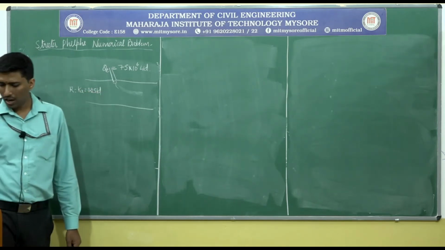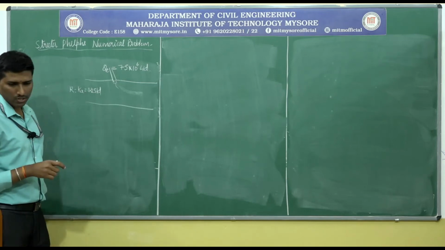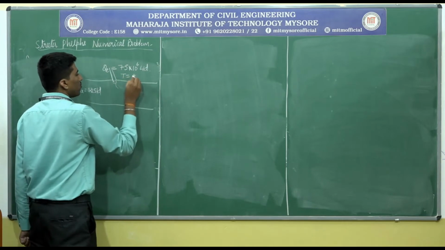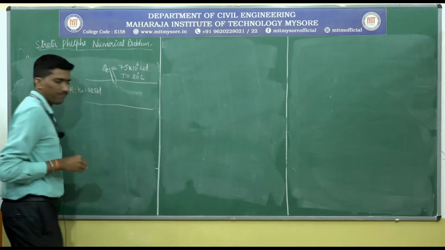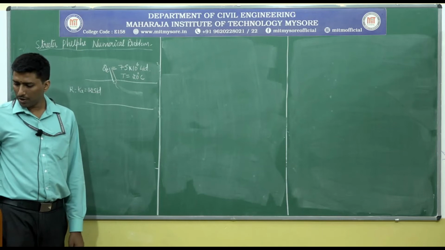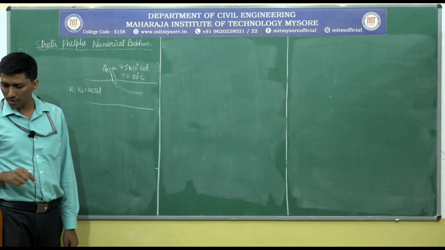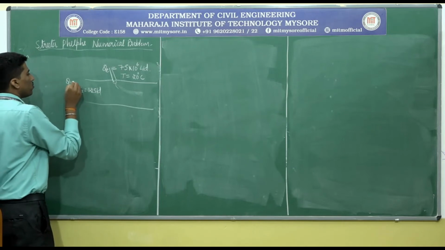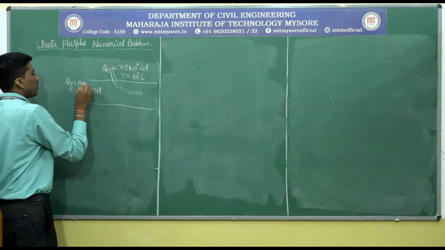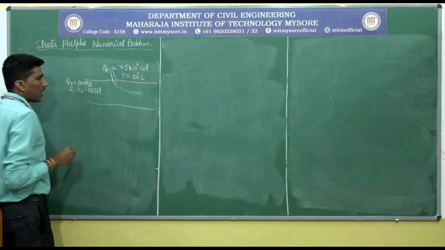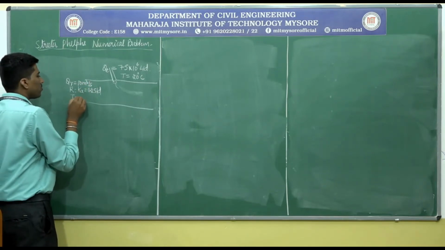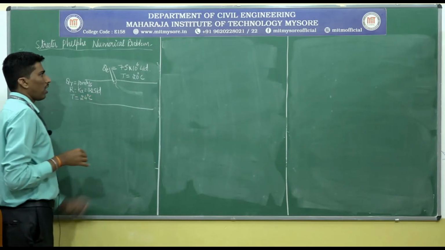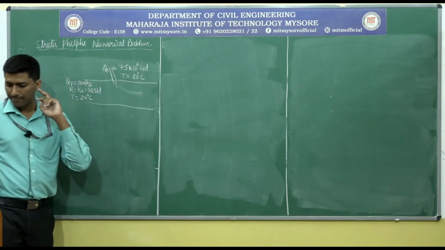This is at 20 degrees Celsius. During the low water period, the flow rate of the river, QR, is 10 meter cube per second, at a temperature T of 24 degrees Celsius.